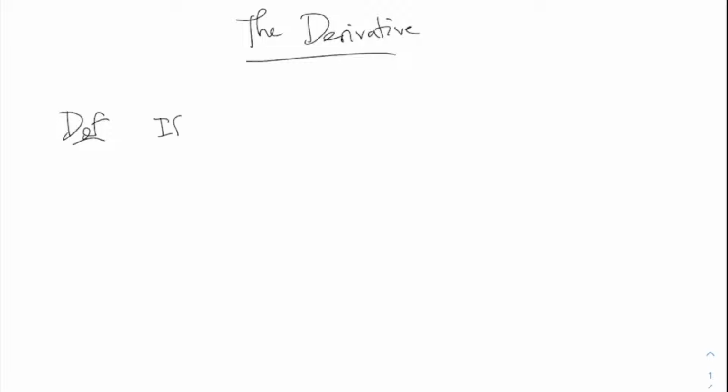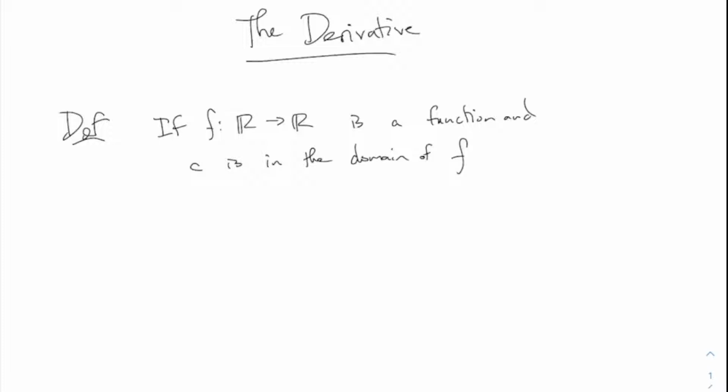So if f is a function, let's just say R to R, although really the domain doesn't have to be all of R, and c is a point in the domain of the function f.